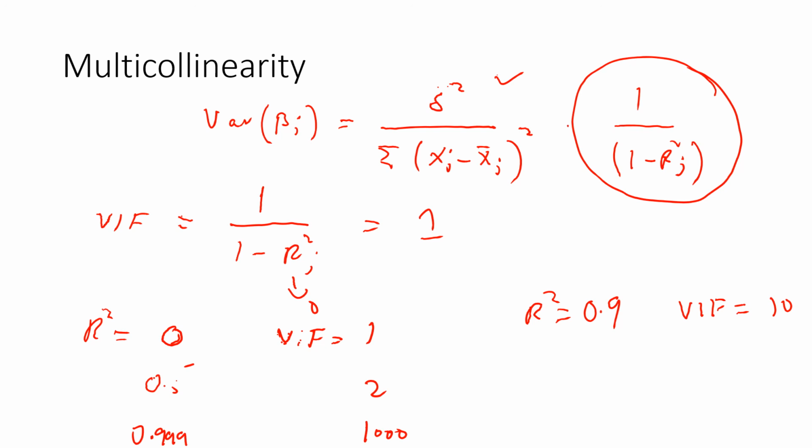Also, you should know that the existence of multicollinearity does not necessarily mean that the t statistics will be small. This is because the variance is also affected by the variance of xj that we presented in these equations, and the residual variance sigma squared.